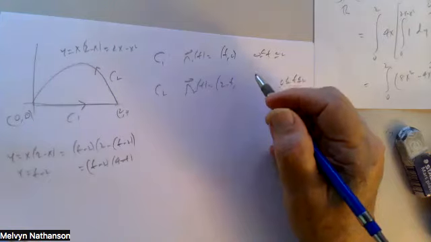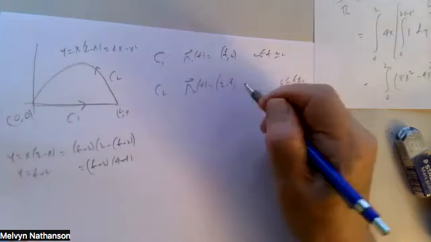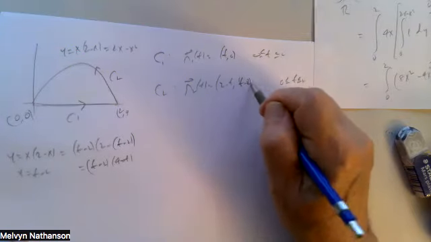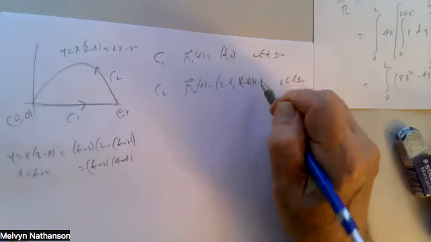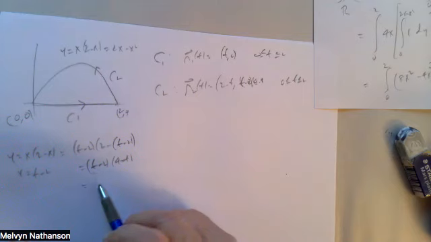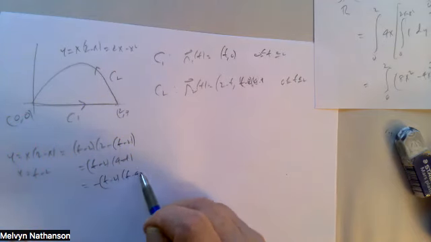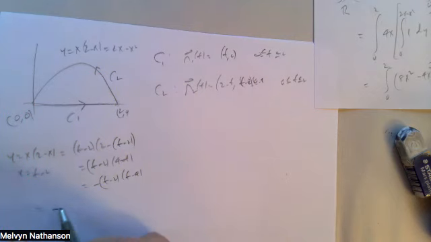Let me leave it like that for the moment. This is actually minus t minus 2, t minus 4, which, if I multiply this out, is minus t squared minus 6t plus 8.